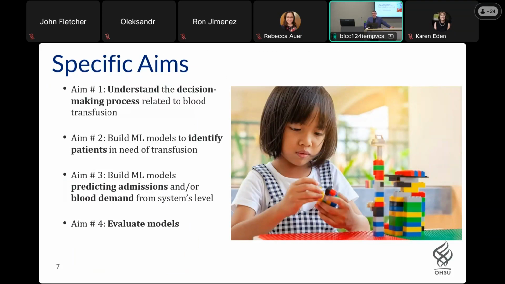Second was to build machine learning models to identify people who need the blood transfusion. Third was to look at this from the system perspective, to identify how much blood is actually needed for the hospital on a given day. And aim number 4 was to evaluate the models. It's integrated throughout my presentation because you can't really talk about the model without talking about its performance.